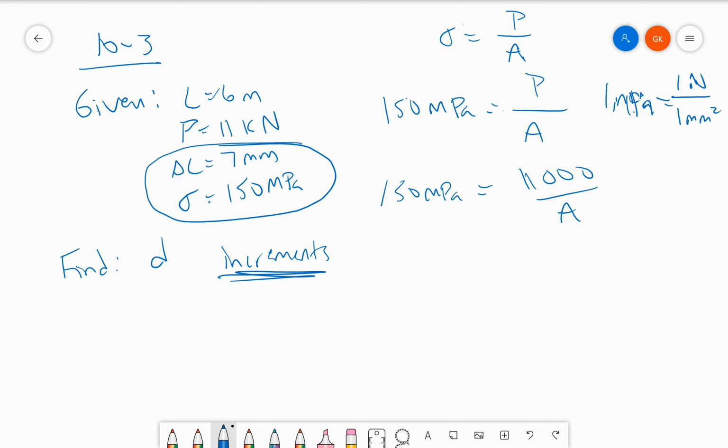That's always nicer. So I bring everything around, and what I'm left with is 73.3 millimeters squared as the required area just based on this particular condition. Anything less than this and my object will fail.